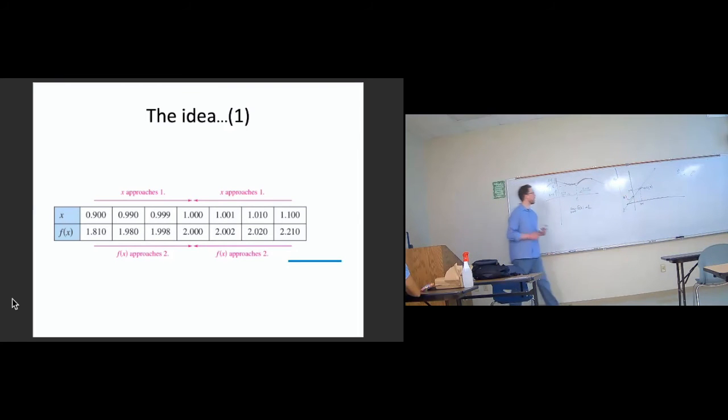Our function here doesn't have a value at 1. And why is that? Well, if we put 1 through here, we get 0 in the denominator. But what the limit would tell us in this case, so let me get this out.